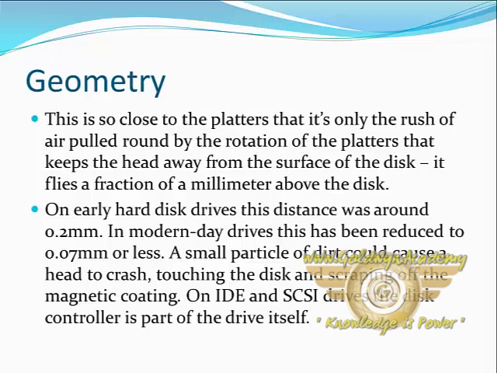On early hard disk drives, this distance was around 0.2 mm. In modern day drives, this has been reduced to 0.07 mm or less. A small particle of dirt could cause a head to crash, touching the disk and scraping off the magnetic coating.